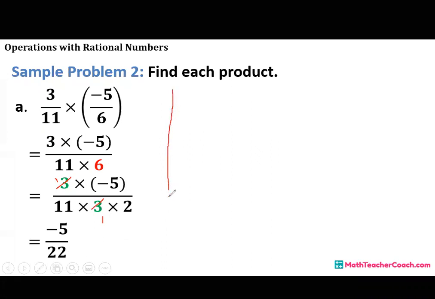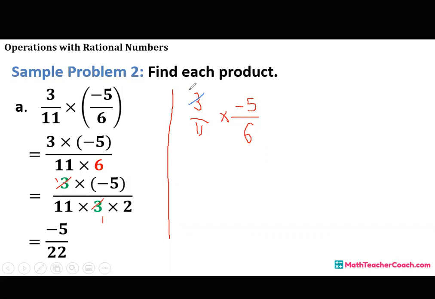What else can we use? We have 3 out of 11 times negative 5 over 6. We can note from the beginning that I have 3 and 6, both of them divisible by 3.